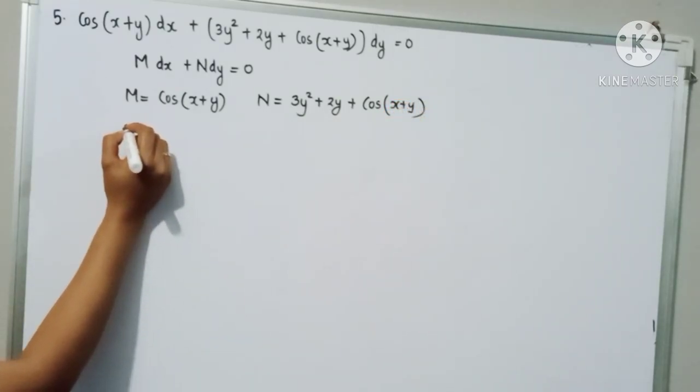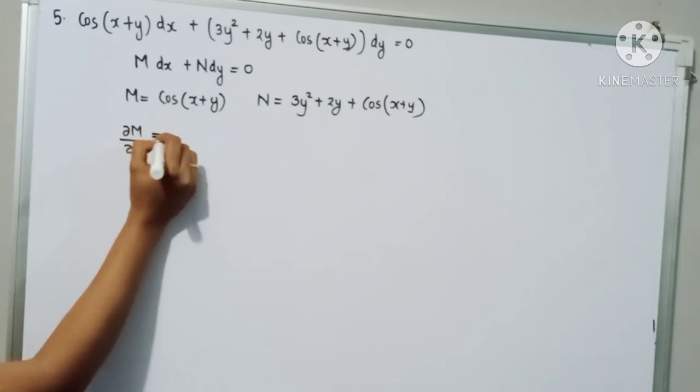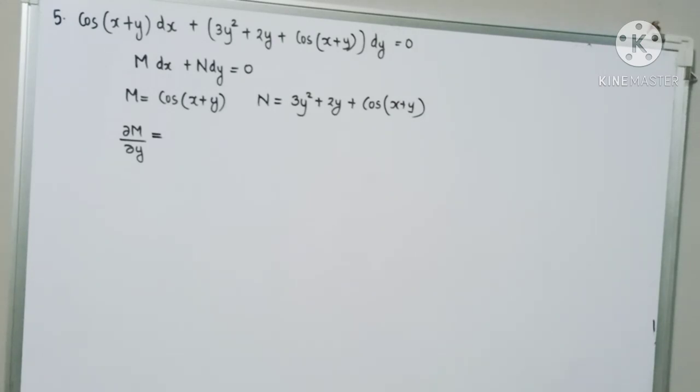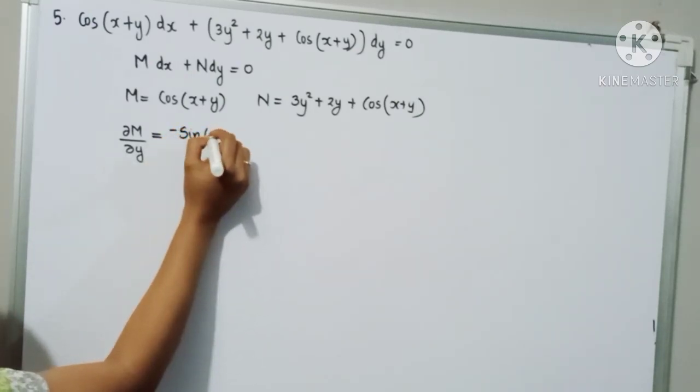I first check whether it is exact. ∂M/∂y: partially differentiate M with respect to y. The derivative of cos(x + y) is minus sin(x + y).